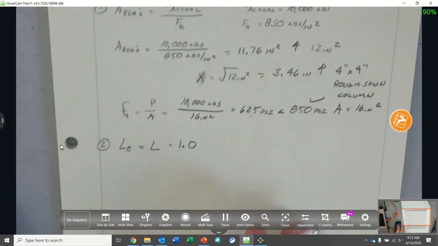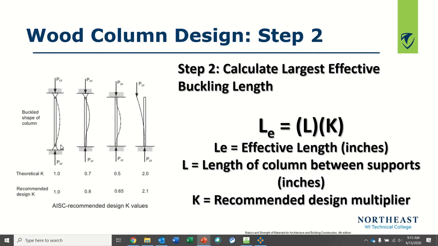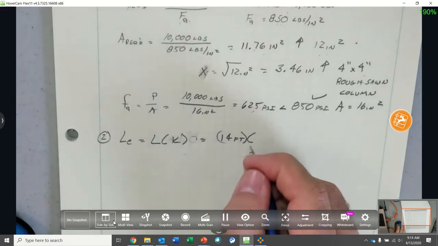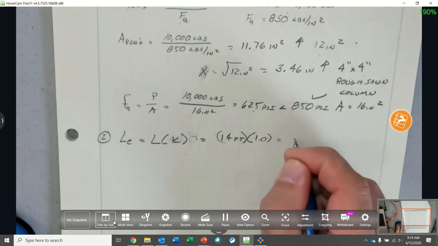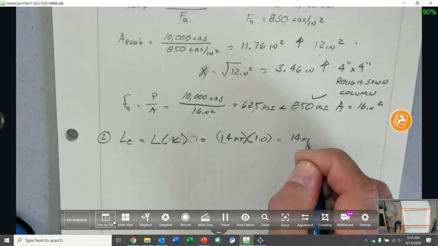That equals 14 feet times 1.0, which is 14 feet.